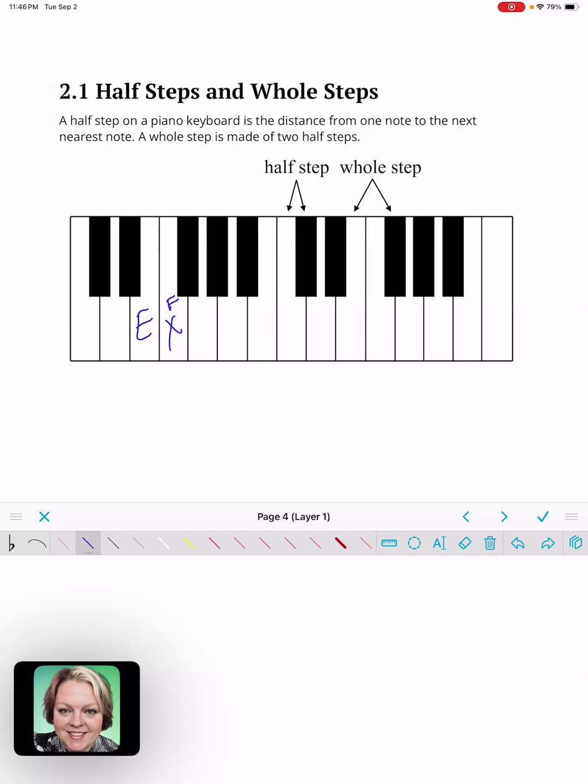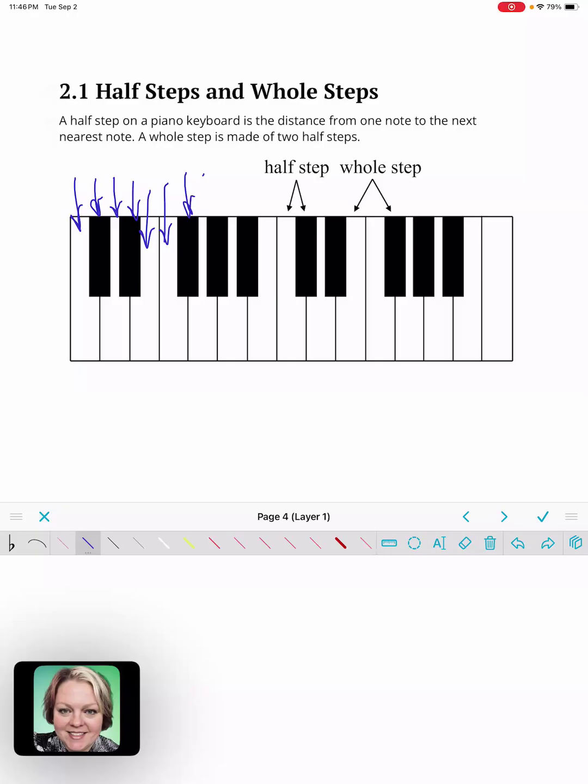If someone says go a half step up from A, we know this is A. One half step up from it would be this black key right here. It's just the very next key. So when we are looking at the layout of the keyboard, what we have is a white key, followed by a black key, followed by another white key, black key, 2 white keys in a row.